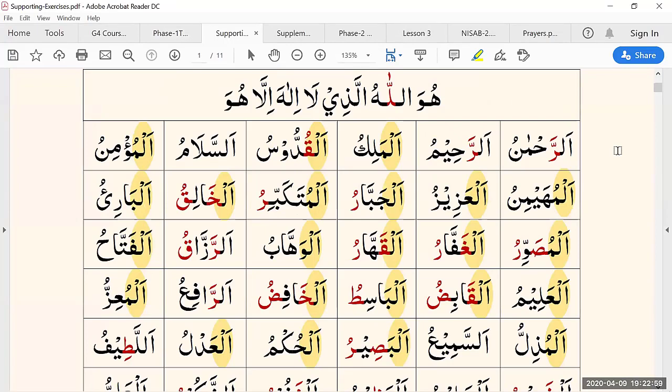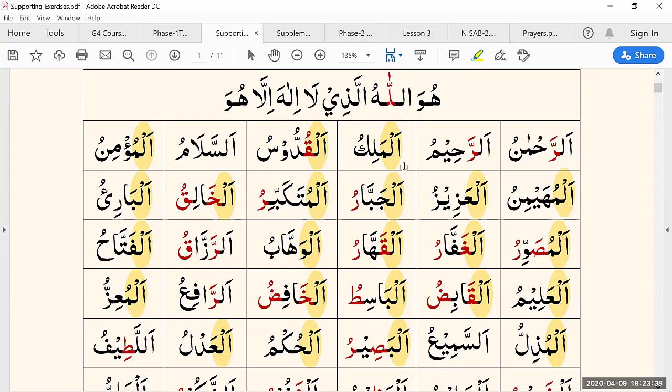So here we have the attributes of Allah. In the attributes of Allah, we can see both examples of lam, which has no sign of sukoon, and lam, which does have a sign of sukoon. I have highlighted the words which have the lam with sukoon, and in these words you have to manifest the sound of lam.